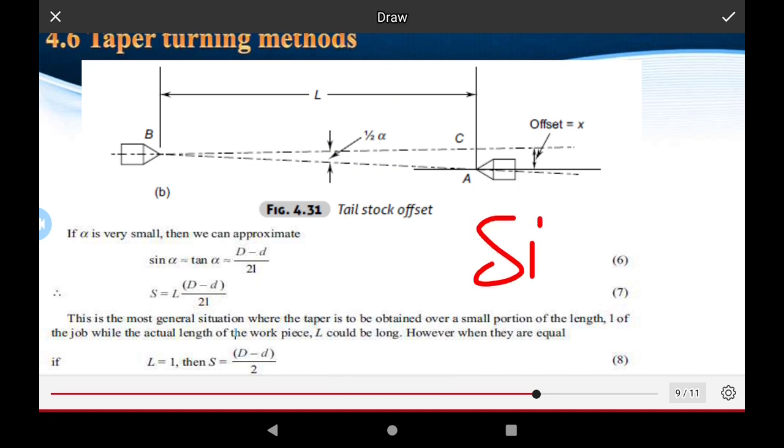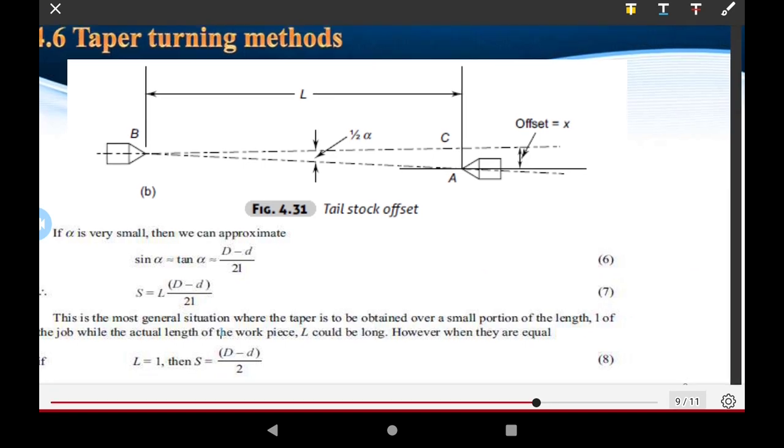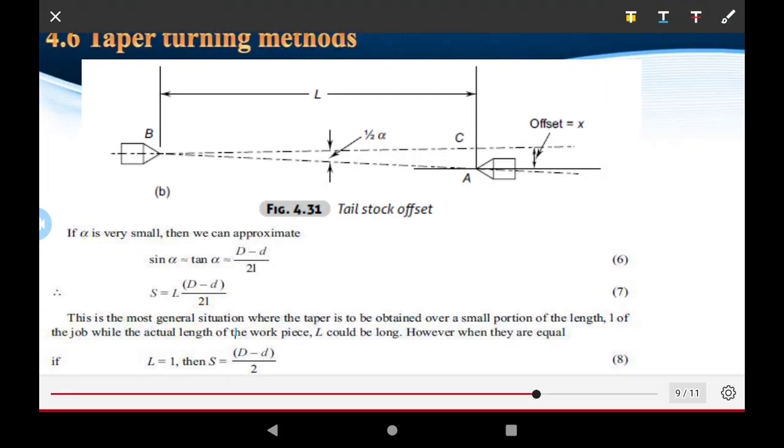Sin alpha equal to tan alpha, so both are values considered for S. S is the length of the offset, and also considered for the value, S equal to L sin alpha.